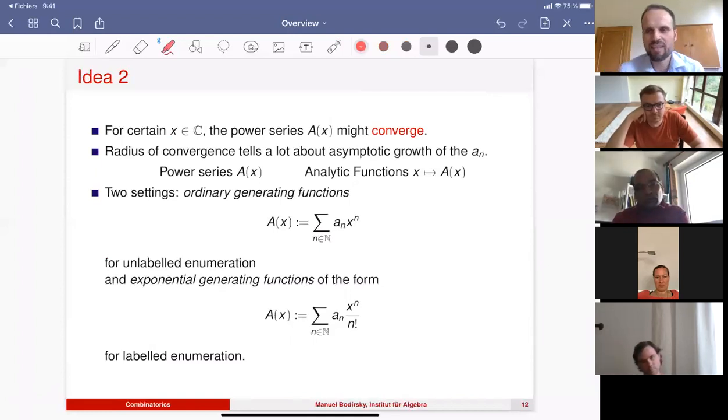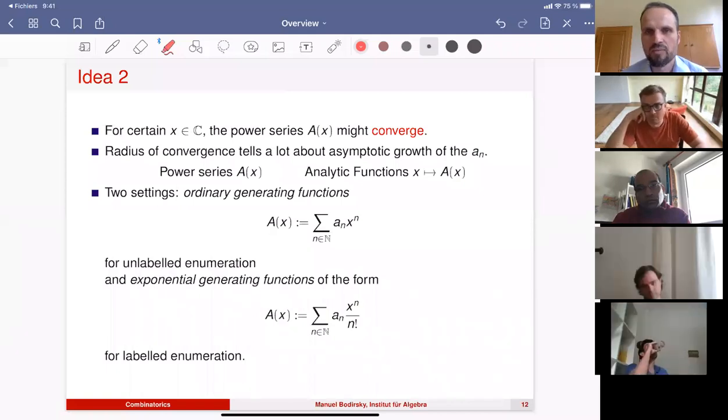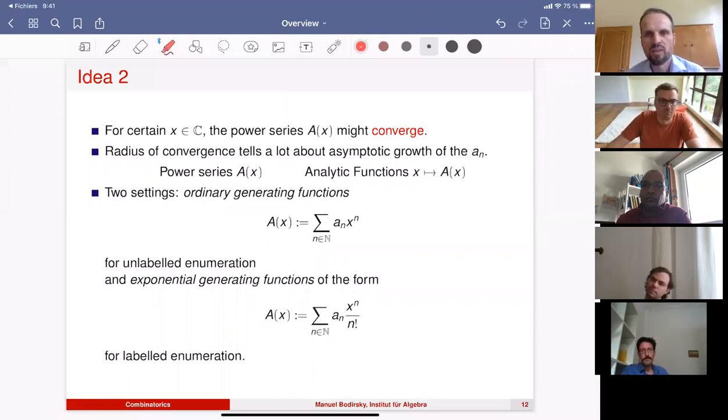The idea here is that now you have this power series, and for certain, say, complex numbers, this power series might converge. If you replace x by this complex number, you get out a value. So you can go from power series to analytic functions within the radius of convergence, and by Taylor expansion, you can go back.